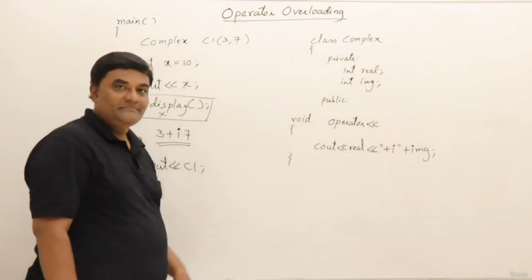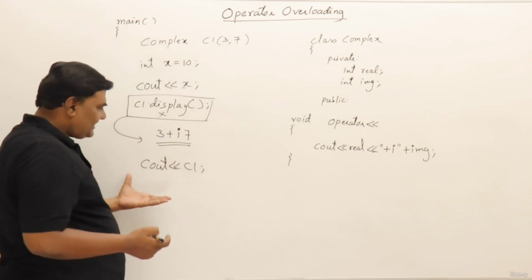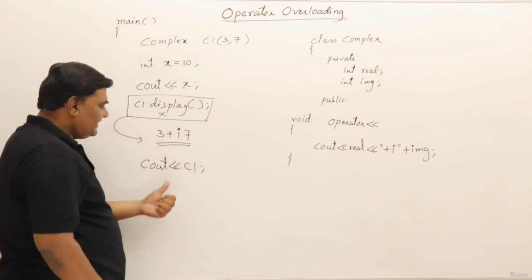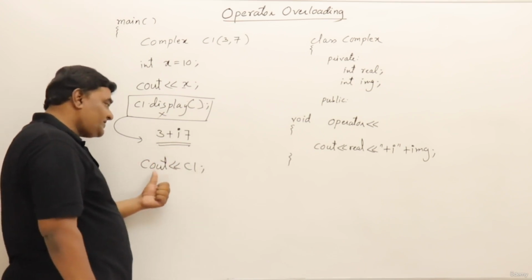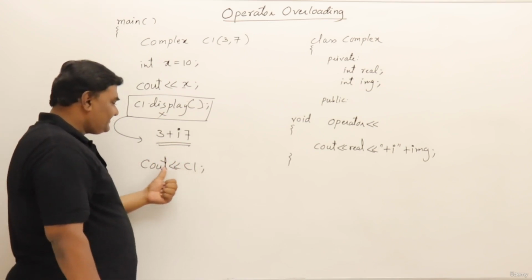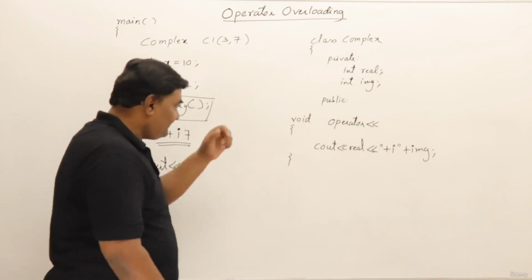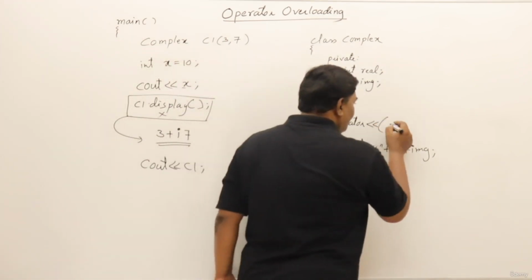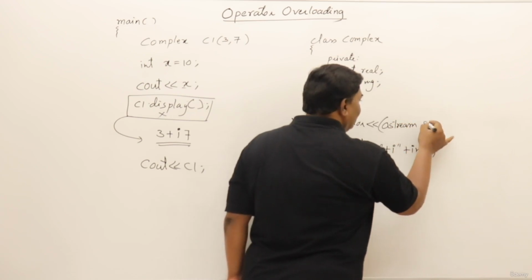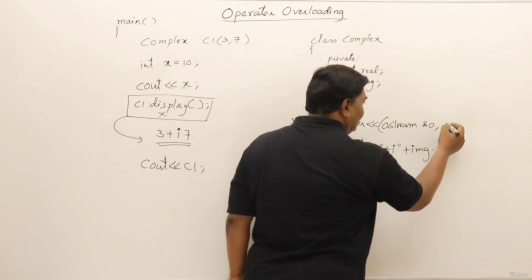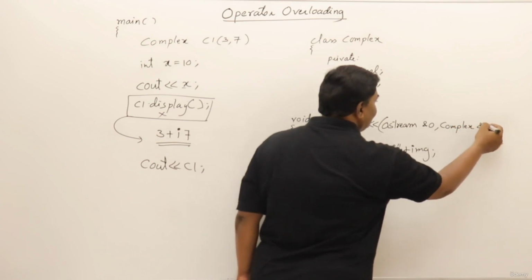Then this insertion operator will take parameters. What are the parameters? It will take an object of complex number as well as an ostream object, two objects as parameters. So I must pass two operands here: one is ostream reference o and complex reference c1.